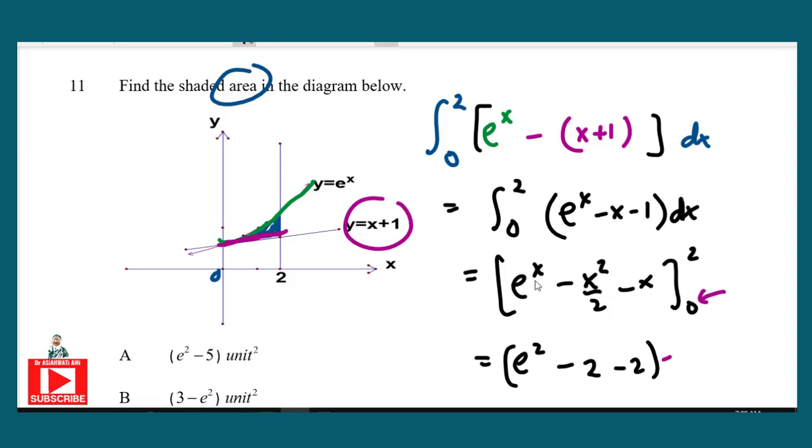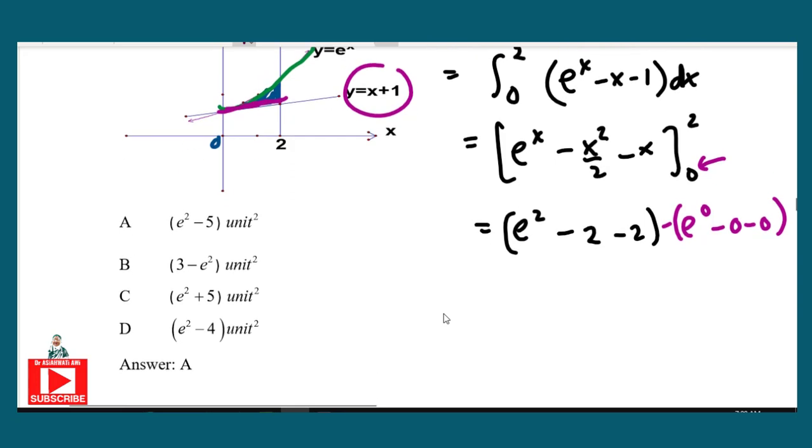Okay, minus e power 0 minus 0, and simplify. e squared minus 4, minus e power 0 is equal to 1. So total simplified, e squared minus 5 unit squared. The answer is A.